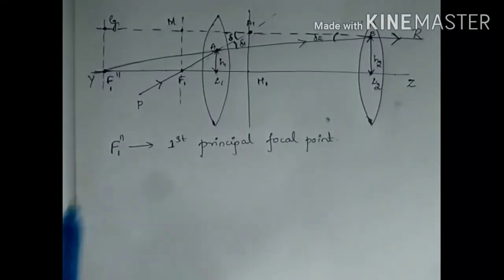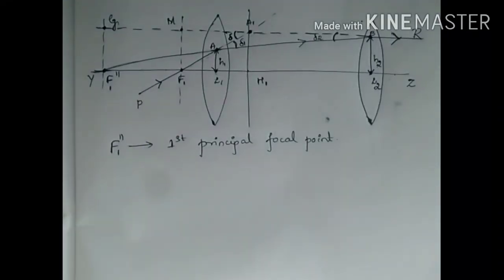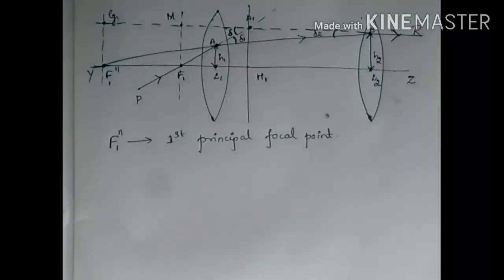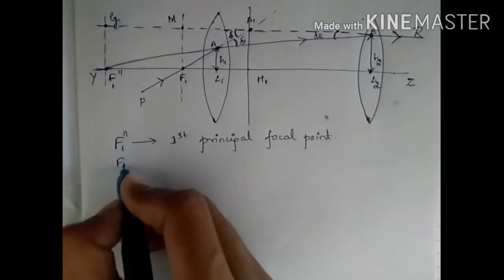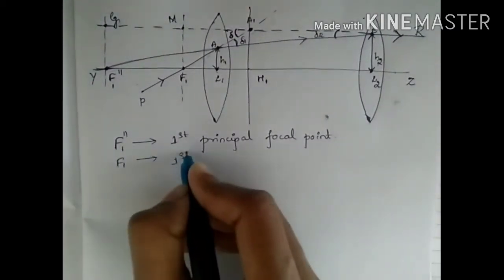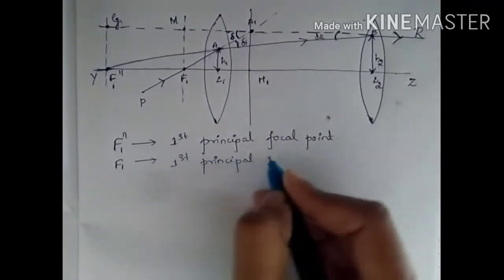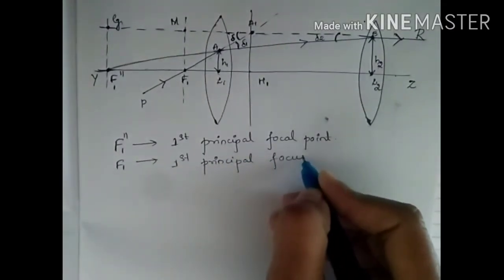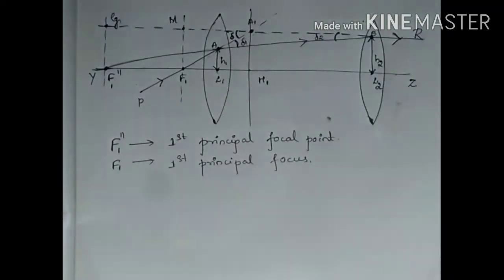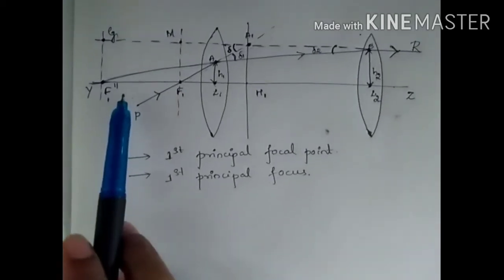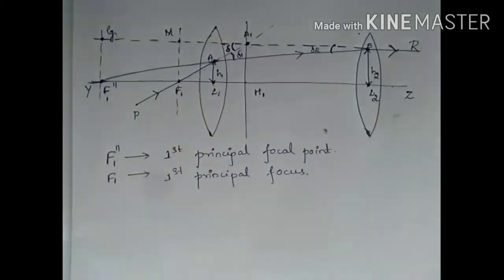So you have F1 double prime and F1. So F1 is first principal focus. You have F1 double prime and F1. So that are denoted here.